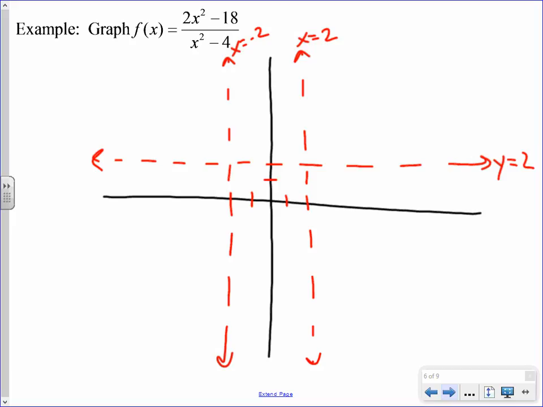We then have some intercepts. We have intercepts at (3, 0) and (-3, 0). And then we have an intercept at (0, 9/2), which also happens to be what? It is a minimum.